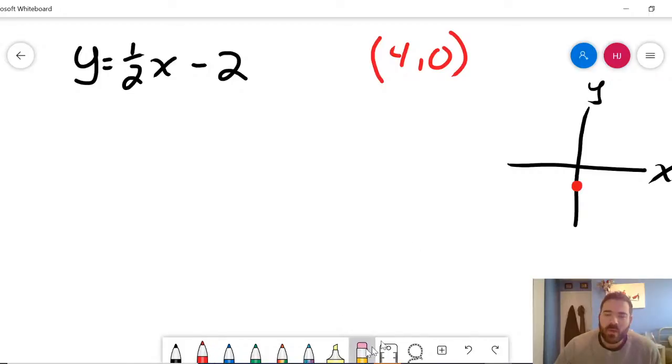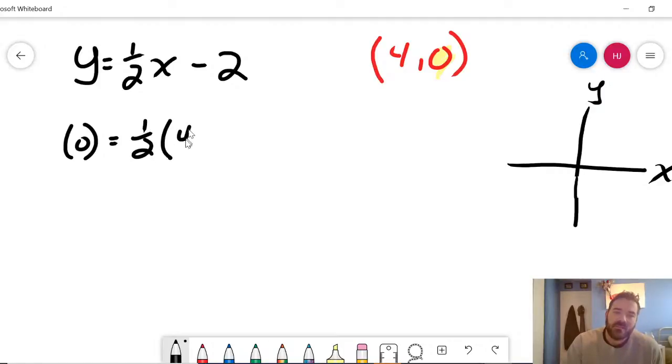I want to know if that point, which happens to be an x-intercept, lies on the line. And to test it, I'm just going to plug it in. So the y value here is 0. So instead of writing y, I'm going to write 0 is equal to 1/2, and then the x value is 4, minus 2.